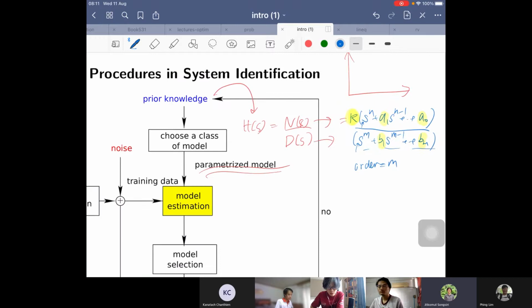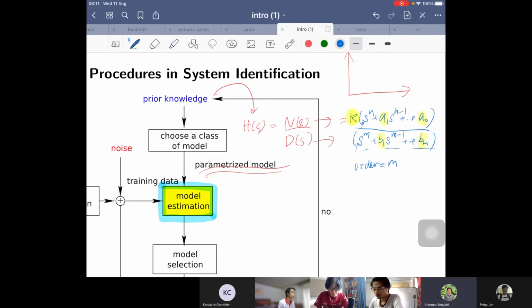Then the next step is, this is how we parameterize the model. As I mentioned, the most important part of learning a model is the module called model estimation, which is to estimate all those coefficients, applying some estimation principle.